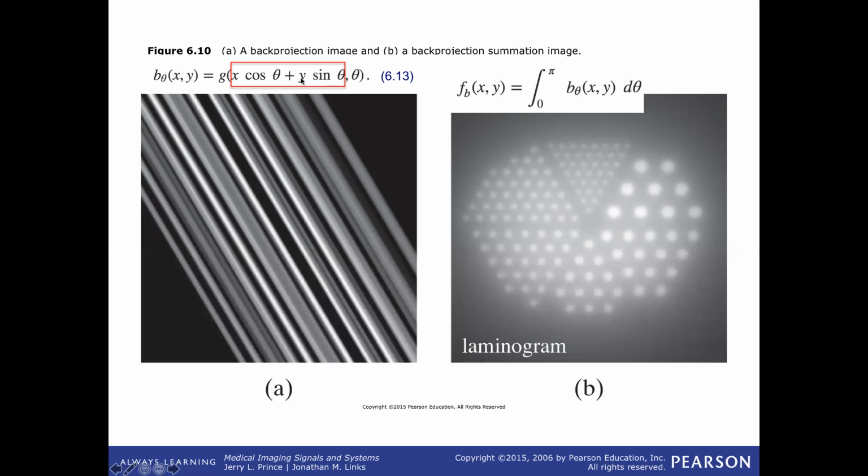I've taken a 1D function and made it 2D by replicating the values in the direction perpendicular to the detector. When you do a back projection algorithm, for every value of theta, we just add those up. I put one down, and the next one on top of it with the next value of theta, and so on. That gives us this object, which is called the laminogram, the sum of these back projections.